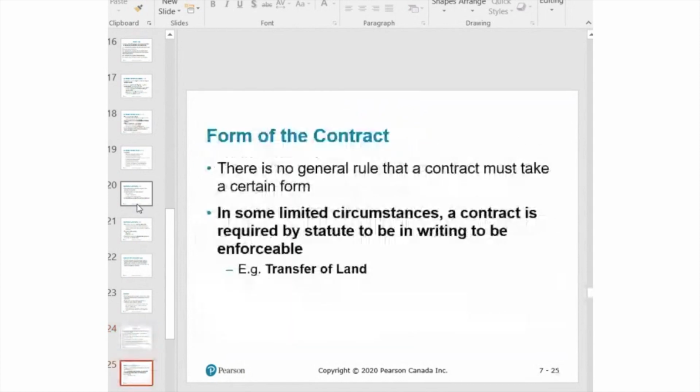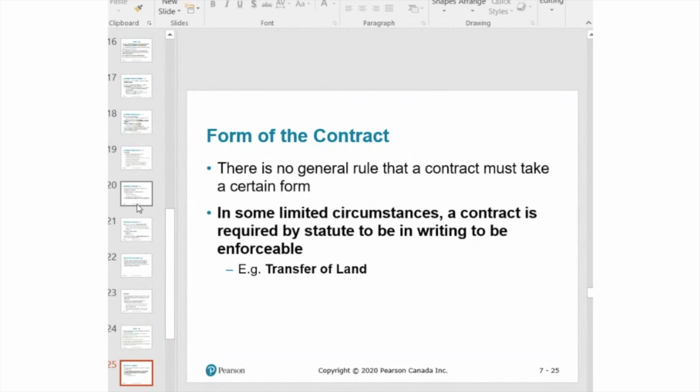All right, so moving on. Form of contract. So you may remember from chapter 6, and this is very important, that verbal contracts, oral contracts, they are as valid as written contracts. They have the same validity. The problem is that with an oral contract, it may be more difficult to prove.